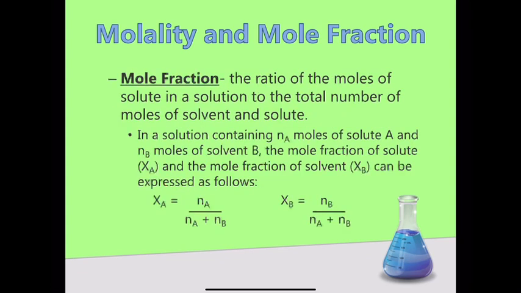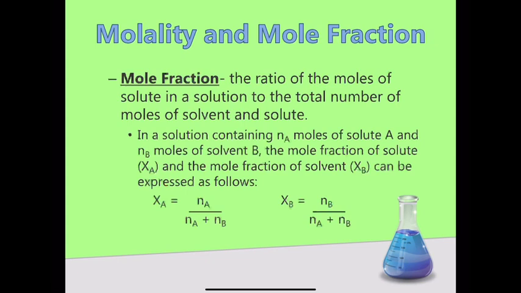The other way that you can express colligative properties is in what's called a mole fraction. Now, a mole fraction is just a ratio. And this down here looks really complicated, but I promise it's not as bad as it looks. So a mole fraction is the ratio of moles of solute to the total number of moles of solute plus solvent, or the total number of moles of solution.